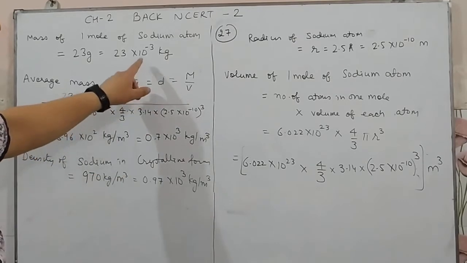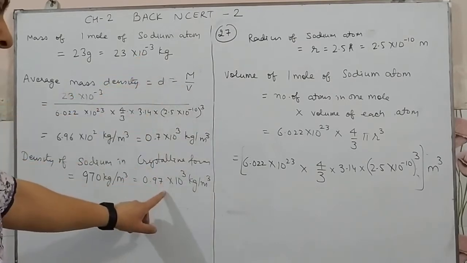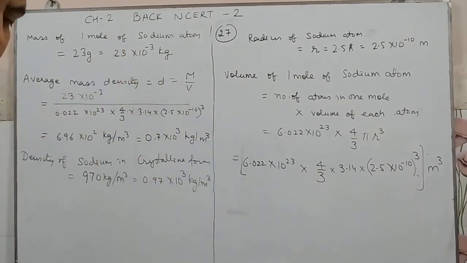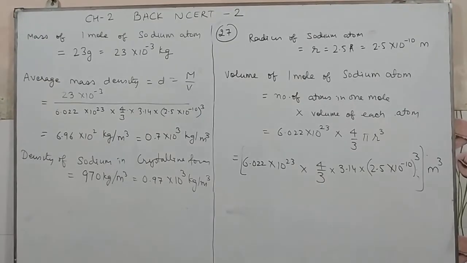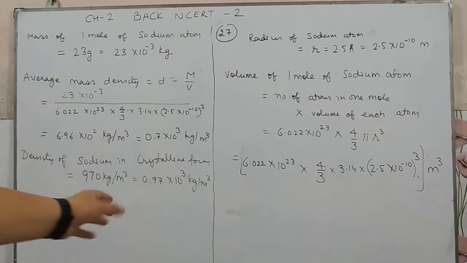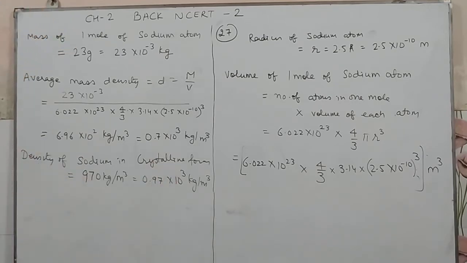This is the mass density of solid form, and this is the mass density we have calculated. This is called atomic mass density. Both are similar. In the upper case the atomic mass density is close to the mass density of solid, and in the solid case the atoms are more tightly packed, so the result is slightly higher. Fine.